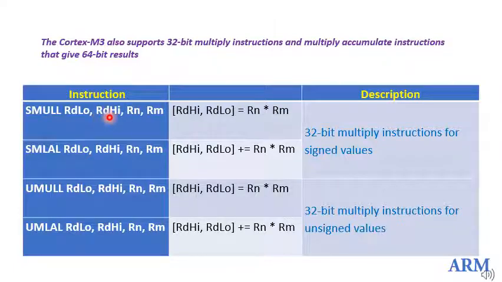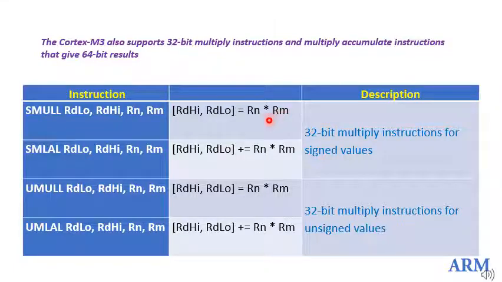That is why they are referred to here as RdLo, the lower word, and RdHi, the upper word of the 64-bit result. So the expression for this instruction is RdHi, RdLo equal to the product of Rn and Rm.